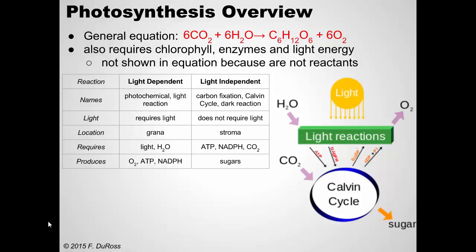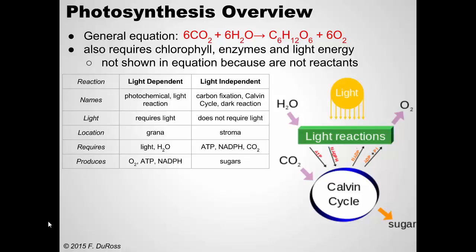Light-dependent and light-independent are the more accurate way to talk about these, and we'll see why in a minute. The light-dependent reactions require light. That's why they're called light-dependent. They also require water as a reactant, and they release oxygen.